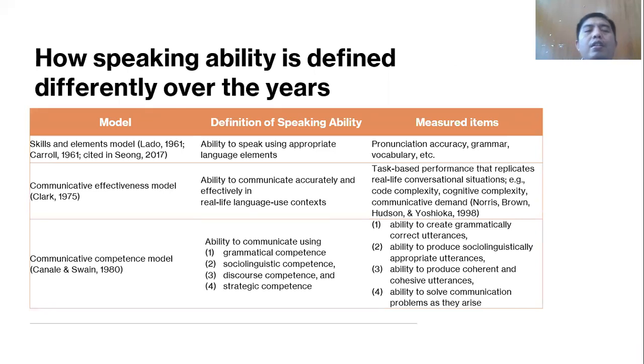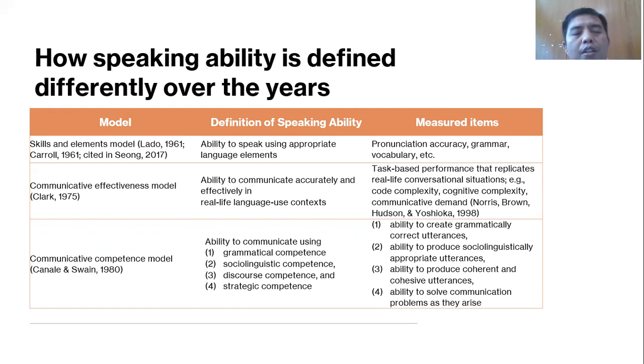So here is an example of how speaking ability is defined differently over the years. So there is this model introduced by Lado and Carroll in 1960. It is a skills and elements model. According to this model, speaking ability is defined as the ability to speak using appropriate language elements.